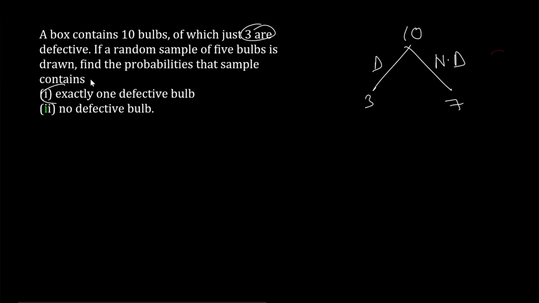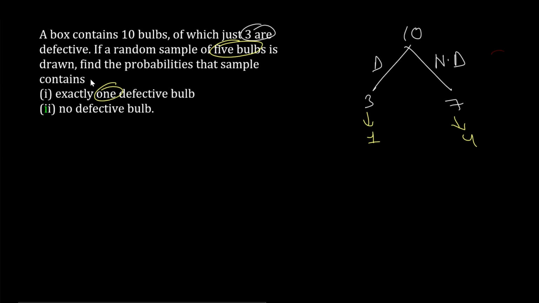Now, our question in the first part is exactly one defective. That means from these 3 bulbs, 1 bulb is drawn. It's going to be exactly one defective. We are taking out 5 bulbs, so since one of them is defective, the remaining 4 are non-defective.